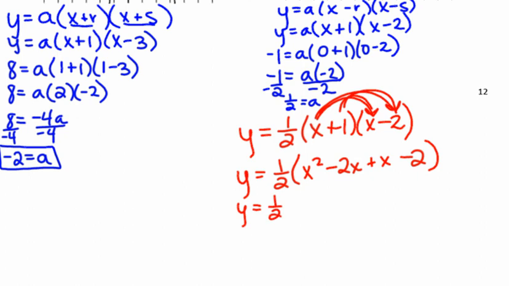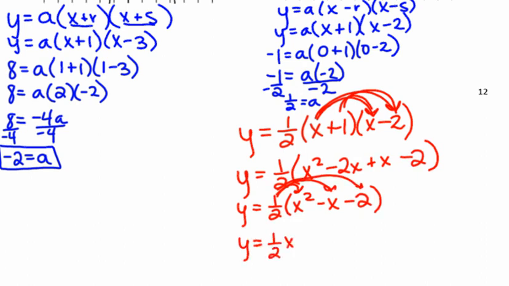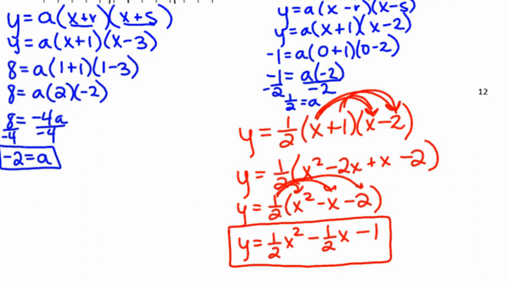Simplifying what we had in there, x squared subtract x minus 2, and then applying our GCF onto all 3 of our terms. So y equals 1/2 x squared subtract 1/2 x minus 1. There's our standard form equation for that graph.